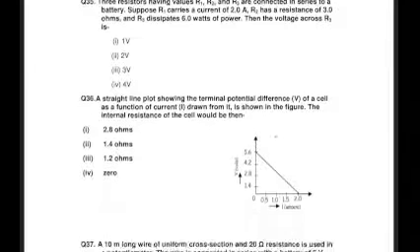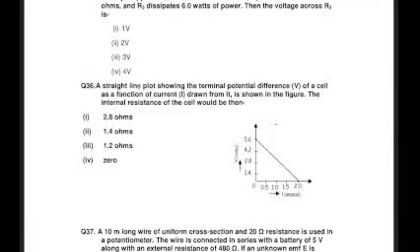Question number 36. A straight line plot showing the terminal potential difference V of a cell as a function of current I drawn from it is shown in the figure. The internal resistance of the cell would then be: 1. 2.8 ohms, 2. 1.4 ohms, 3. 1.2 ohms, 4. 0.